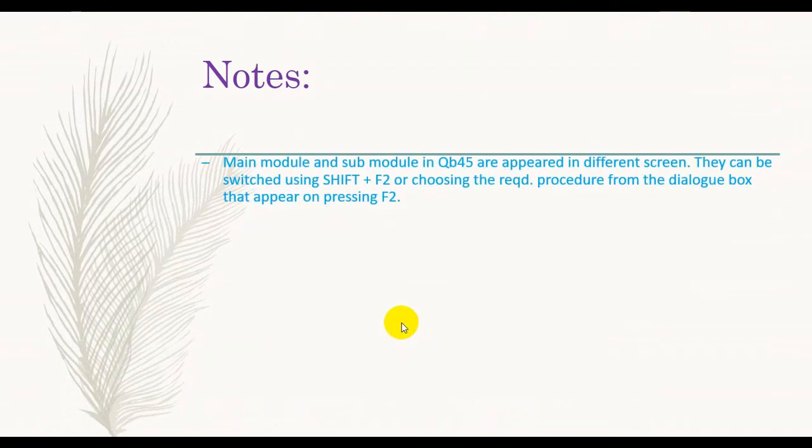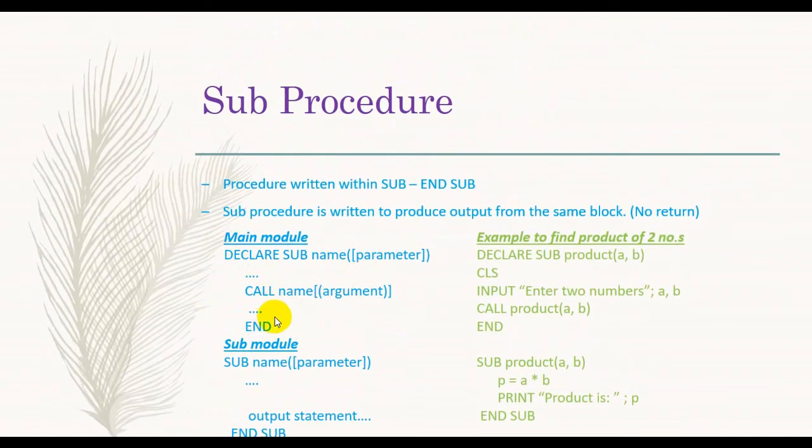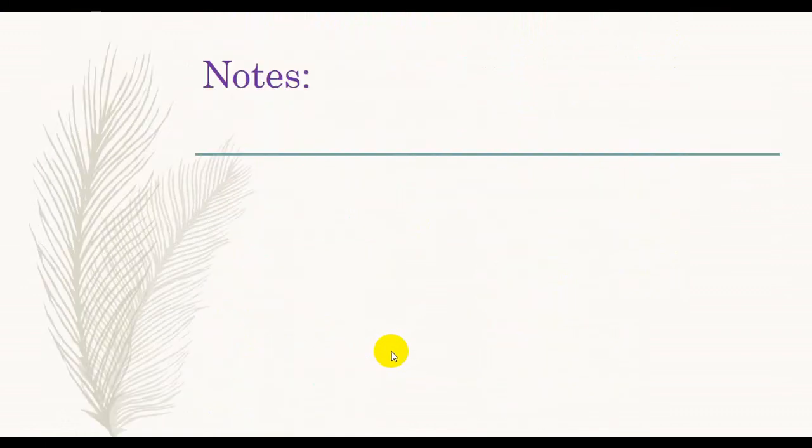Some notes for that. The main module and sub modules in QBasic appear in different screens. In QBasic 4.5, the main module and the sub module appear in different screens. That means at once both of them cannot be seen in QBasic 4.5.